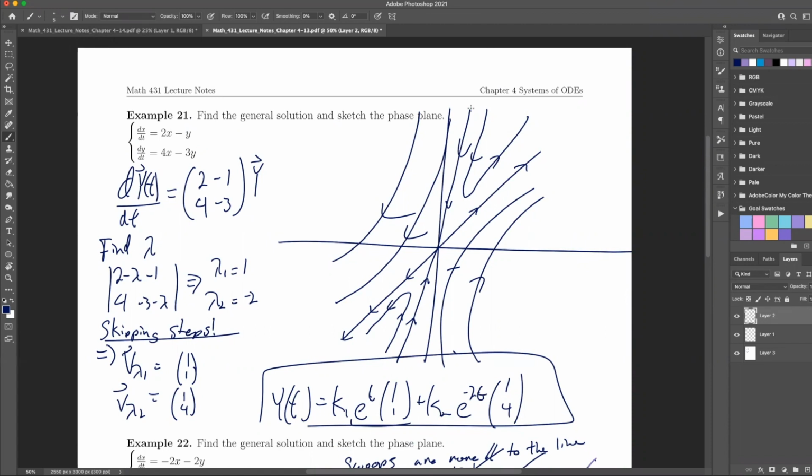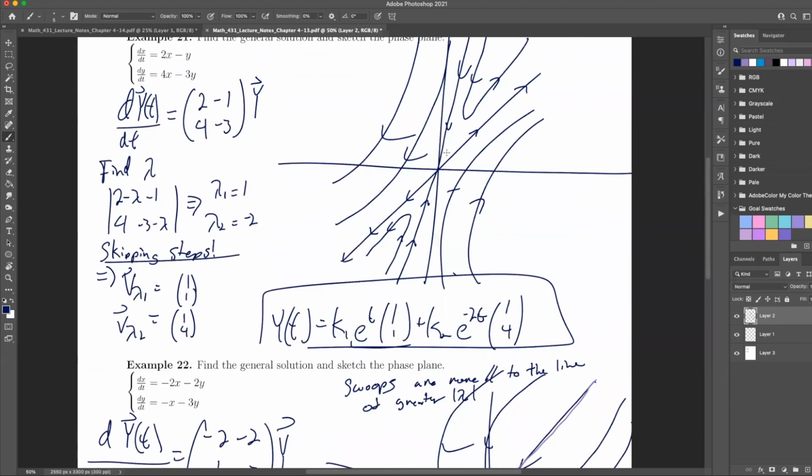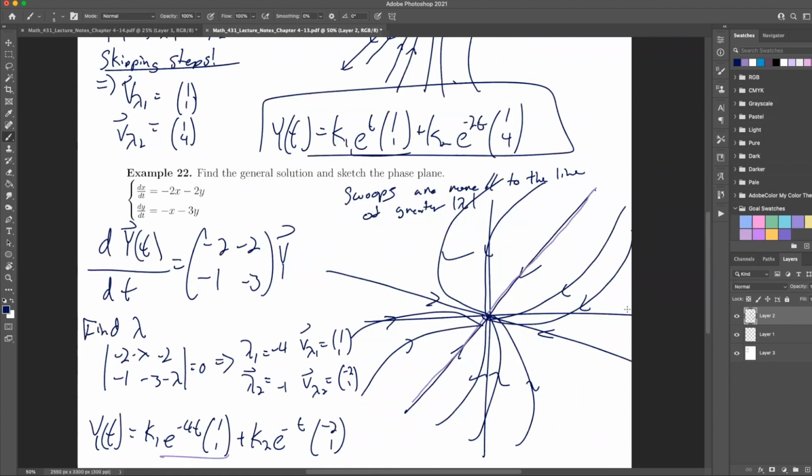If it's really, really strong for one of them, it'll swoop to that line a little bit faster, but the subtlety will not be apparent in your hand drawing. So for saddles, you don't have to worry about it. Just draw the swoops in between and it's fine. For here, this matters because there is curvature and I want you to capture the curvature.